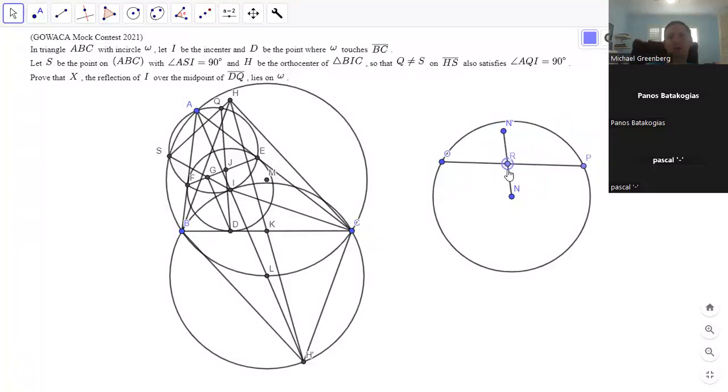Basically, we would drop a perpendicular and then draw the line with double the distance and see where it intersects. That's kind of how we would do it.